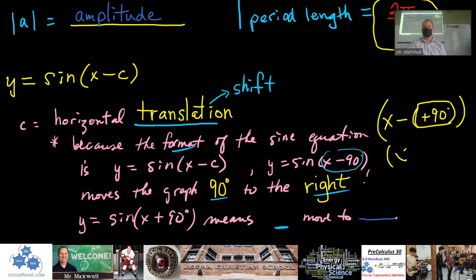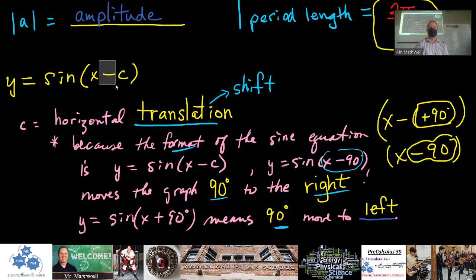But it shows up as x minus 90. So if you look at this number and this sign, it's opposite. If it's negative, we would normally want to go left, but we actually have to go right now. Okay? And sine of x plus 90 means 90 degrees move to the left, yes. So it's opposite world here. Minus means right and plus means left. Okay? And that's because the format is x minus c, okay?